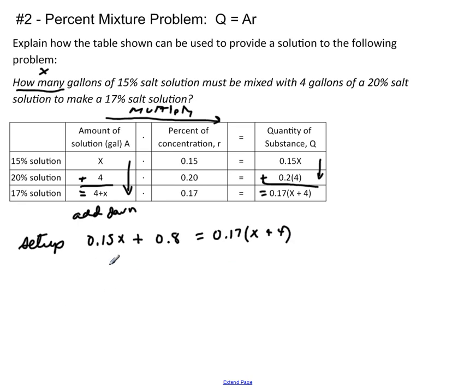And now we've got a nice equation that we can solve. Even though it has decimals, don't let that scare you. 0.15X plus 0.8 will equal 0.17X plus 0.17 times 4.